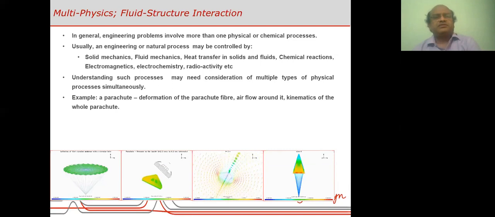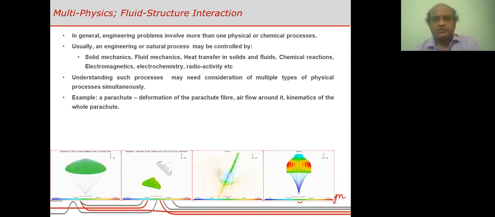For example, take how a parachute works. It is closed in the beginning, and as it opens, you can see that it displaces the air, and also the air exerts more resistance to the fall of the parachute. So the opening of a parachute and its descent involves the deformation of the fabric as well as the ties and the ropes attached to that.